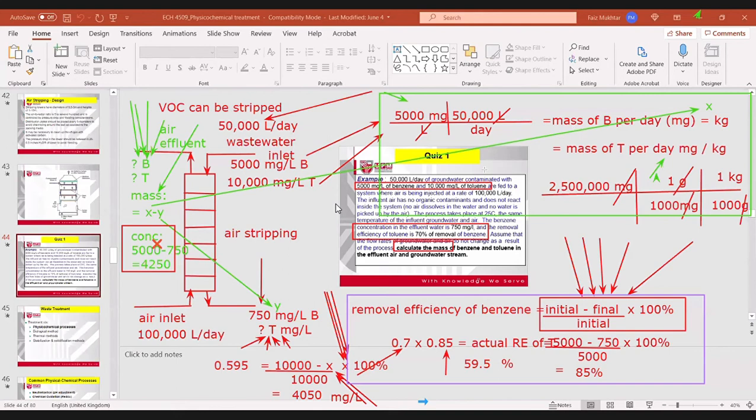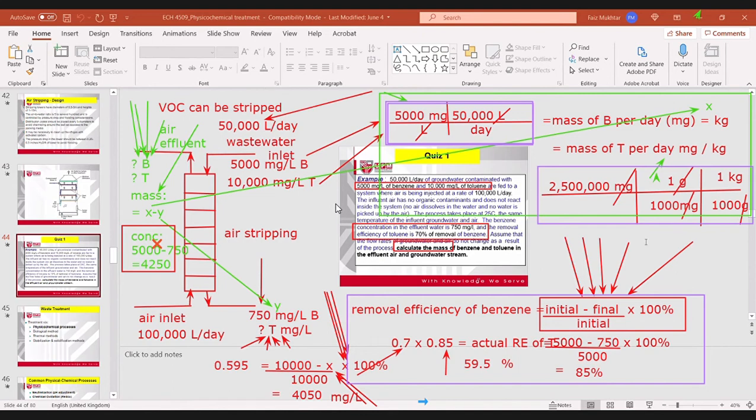And another one is unit conversion. Okay, quite a number had trouble converting units, right? Even changing milligram to kg, they had trouble.